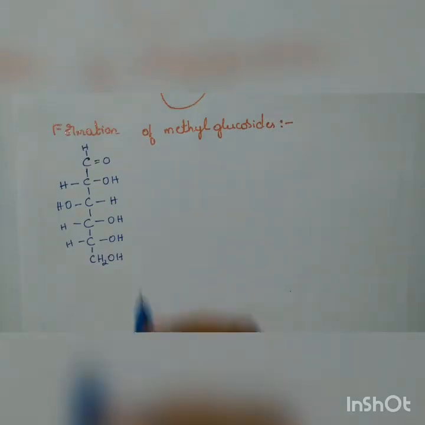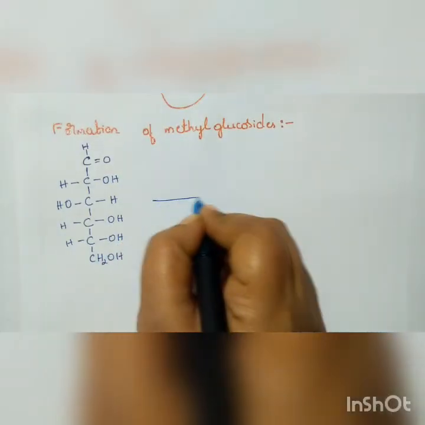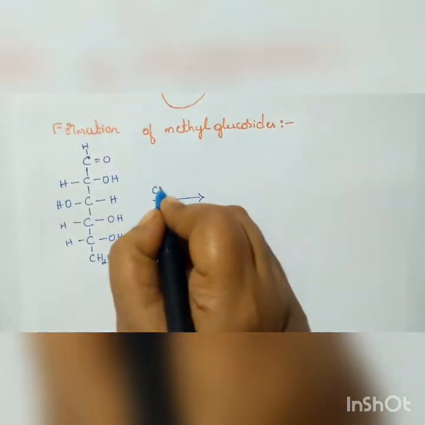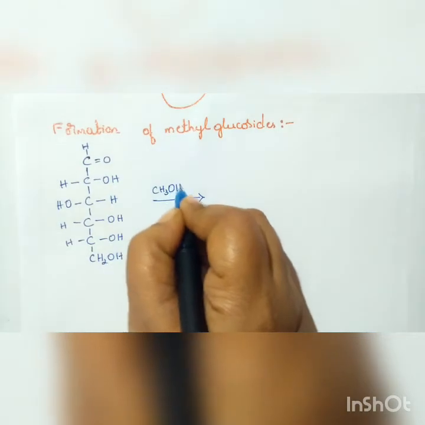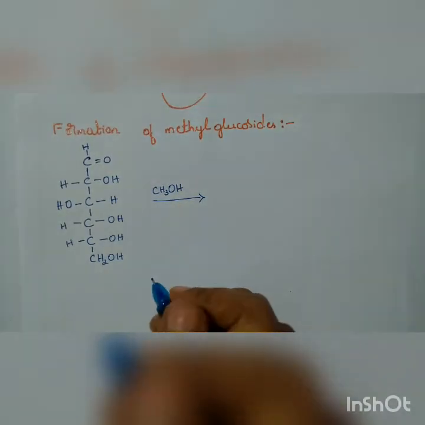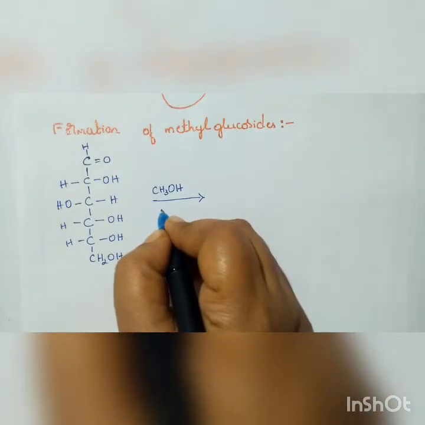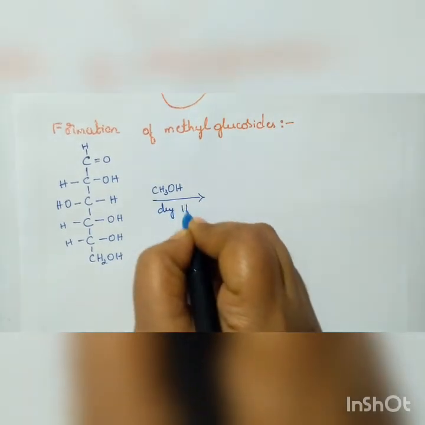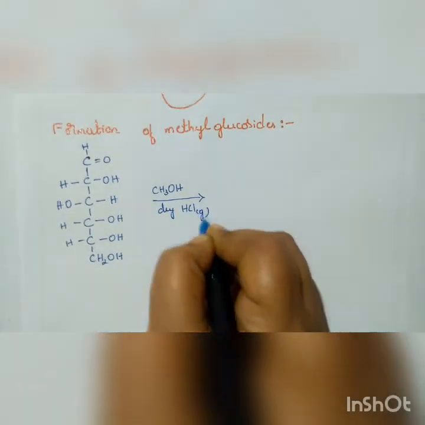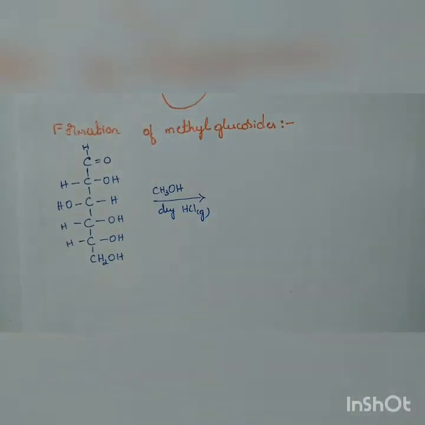Now this glucose is being treated with methanol in the presence of dry HCl gas. Now we shall see how the reaction takes place.